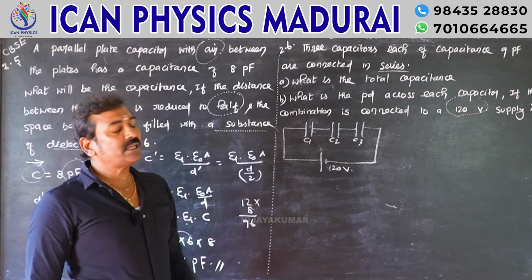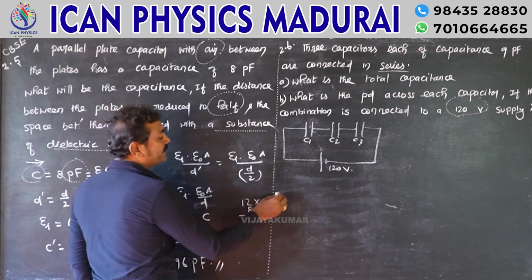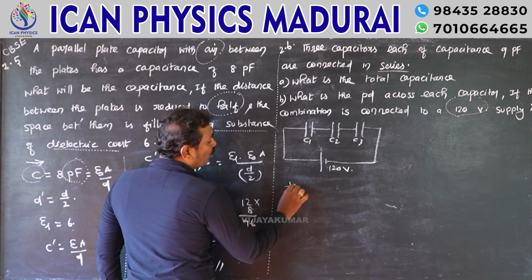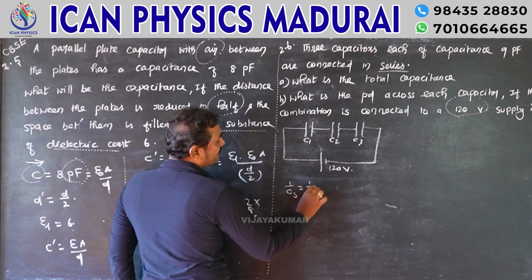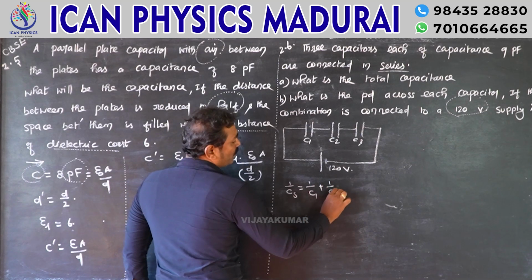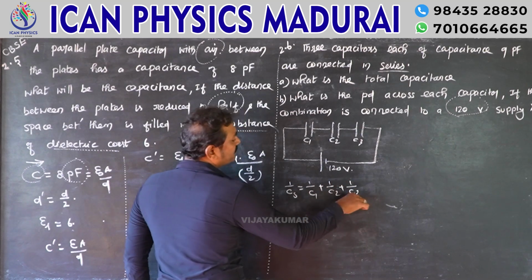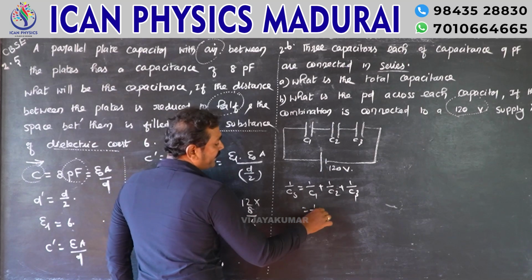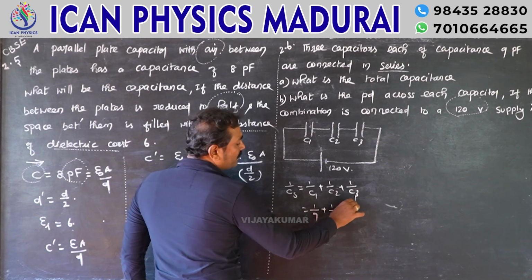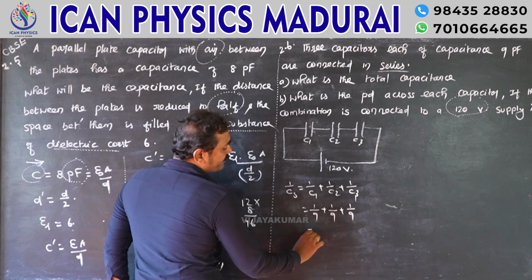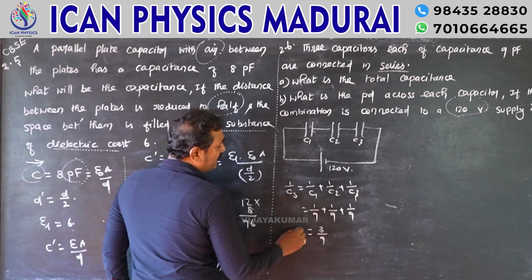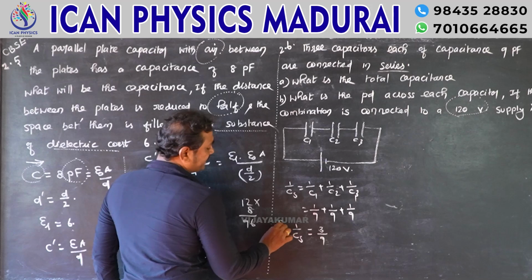So what is the total capacitance? How can we calculate the total capacitance? That is 1 by Cs equal to 1 by C1 plus 1 by C2 plus 1 by C3. That is 1 by 9 plus 1 by 9 plus 1 by 9. So we get 3 by 9, that is the value of 1 by Cs.